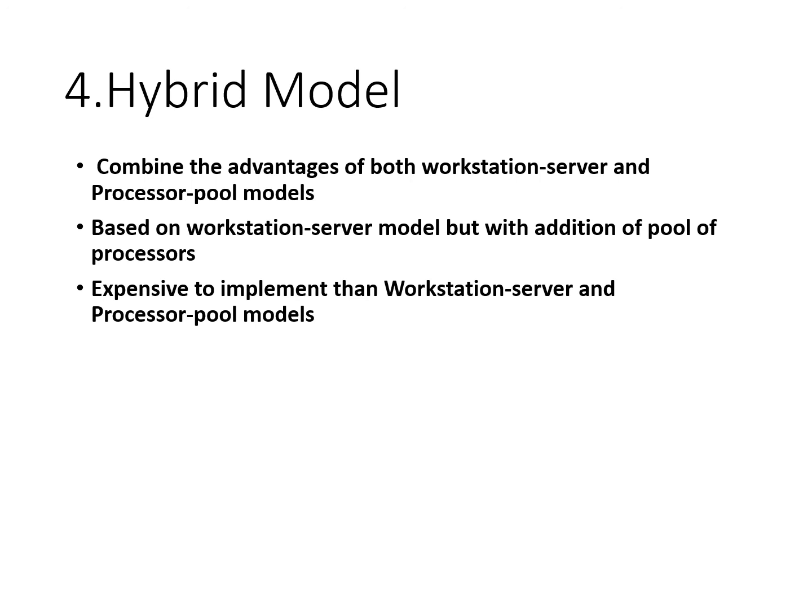So in addition to efficient execution of computation intensive jobs, the hybrid model can give guaranteed response to interactive jobs also by allowing them to be processed on the local workstations of the users, which is not at all possible in the processor pool model, where the users are only using terminals. Every service will be done by the pool of servers.